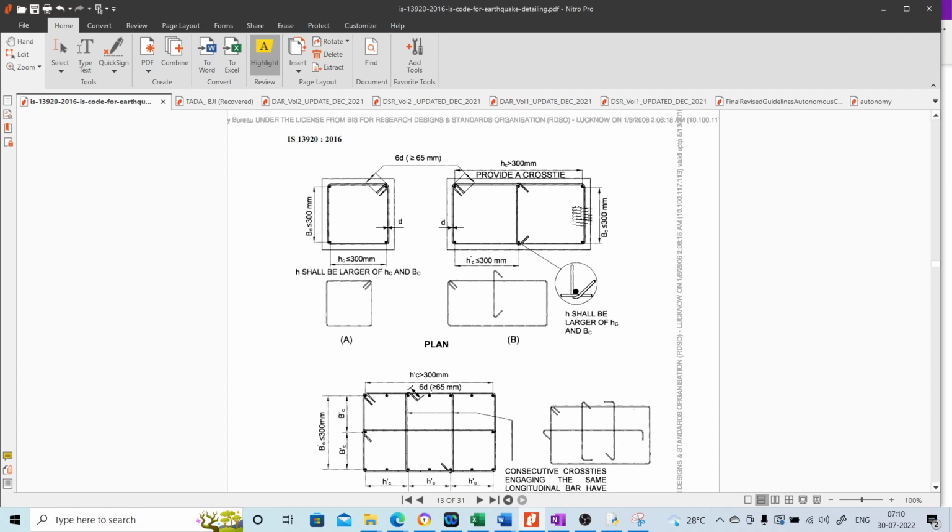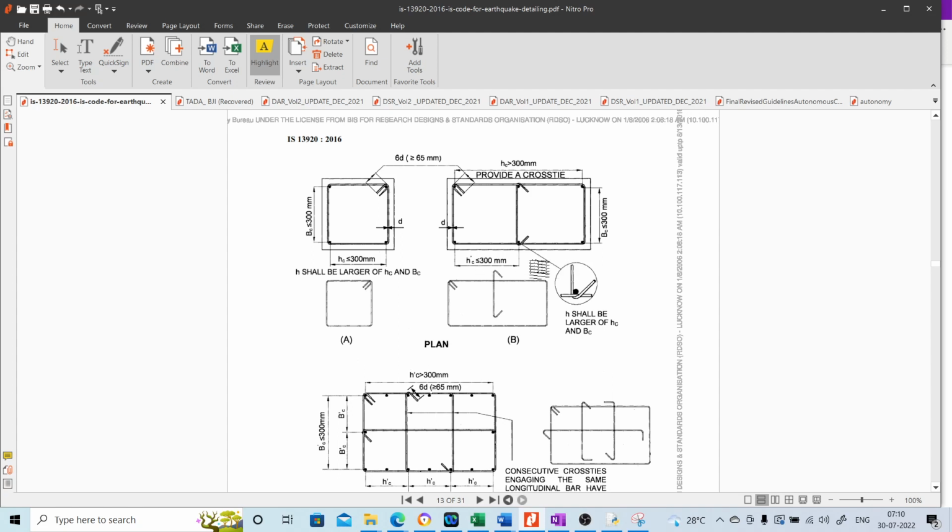So here, if you look here, this column is a large column. For example, this dimension, let us say maybe 600 mm, and this dimension is 300 mm. So in such a case, on this side the distance between the longitudinal bars is not greater than 300 mm, whereas in this direction the total depth is 600 mm.